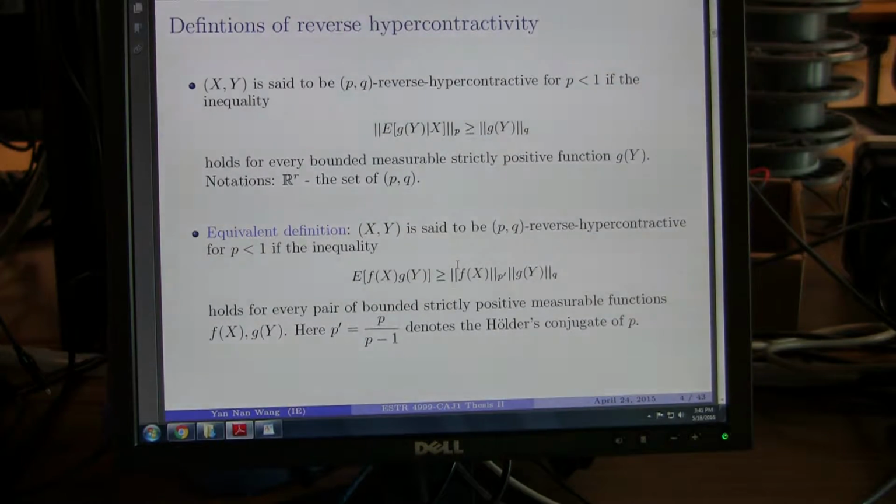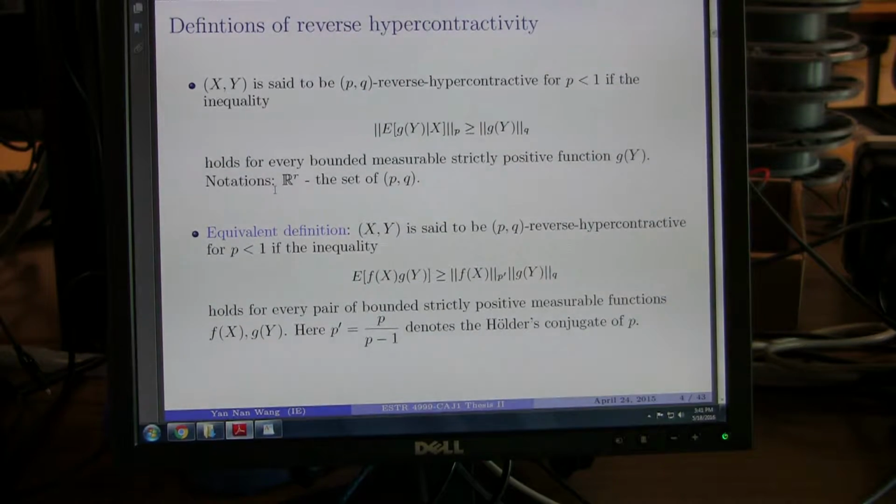Then is about the definitions of reverse hypercontractivity. (X, Y) is said to be (p, q) reverse hypercontractive for p less than 1 if this inequality holds for every bounded measurable strictly positive function g(y).